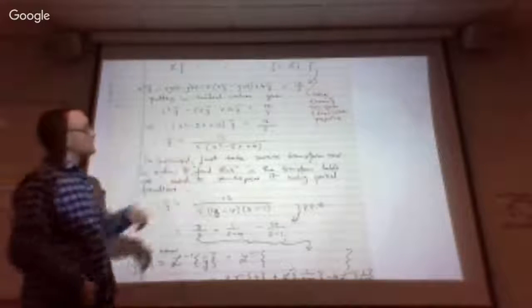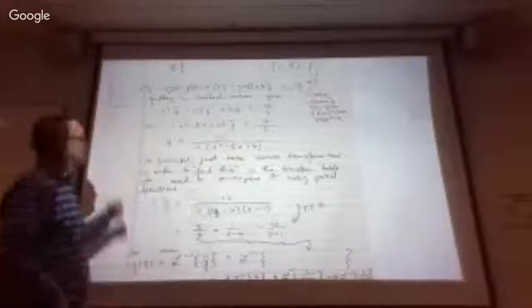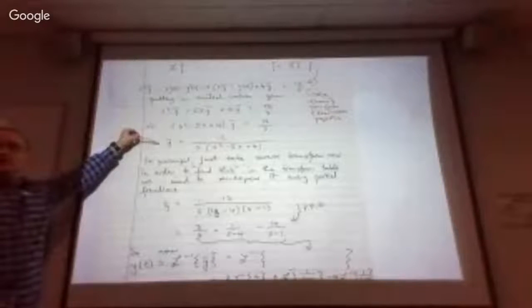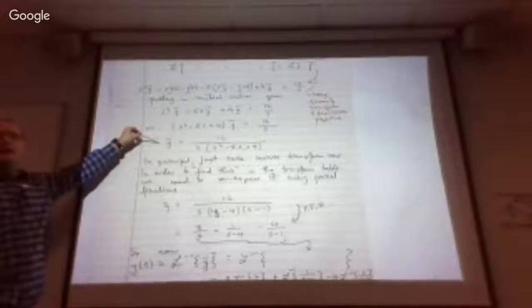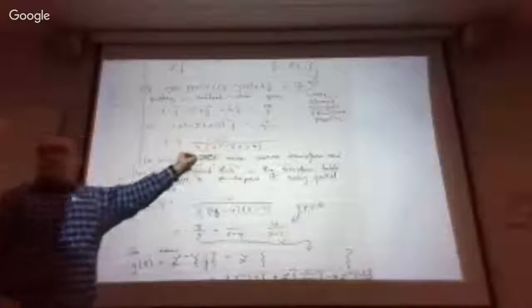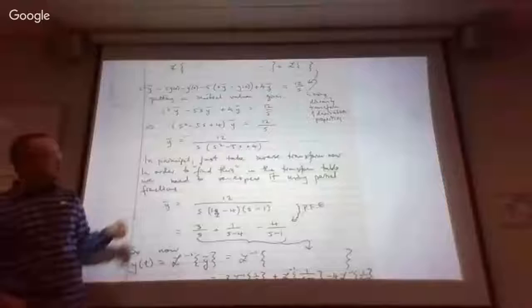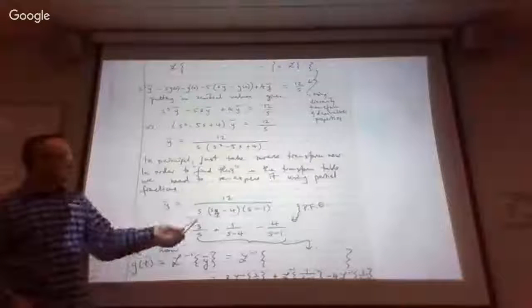To transform the whole thing, we brought in the known initial values, which simplified it somewhat, then solved the transformed equation for y bar. And in principle, then just take the inverse transform of this. Except we couldn't do that straight away because we couldn't find this function on the table, so we needed to go to a partial fraction expansion because you would find these simpler types of function on the table.